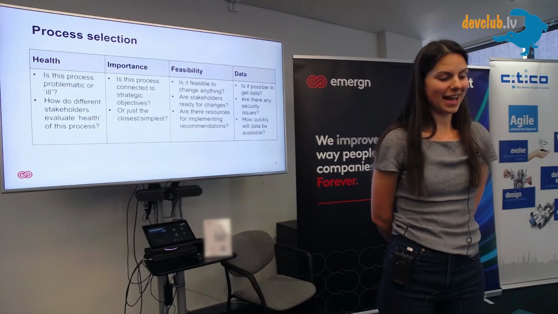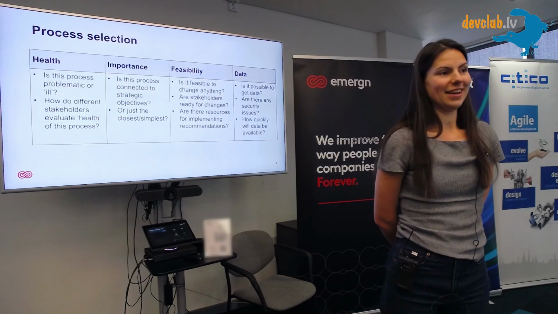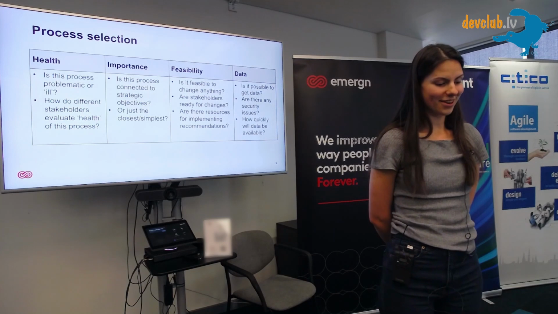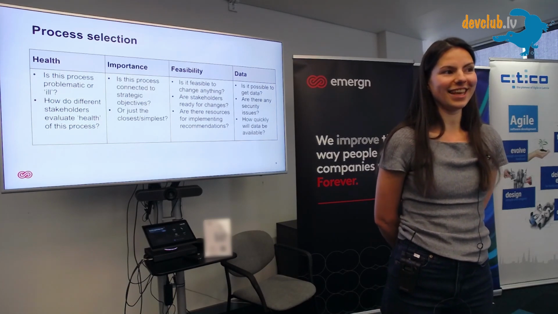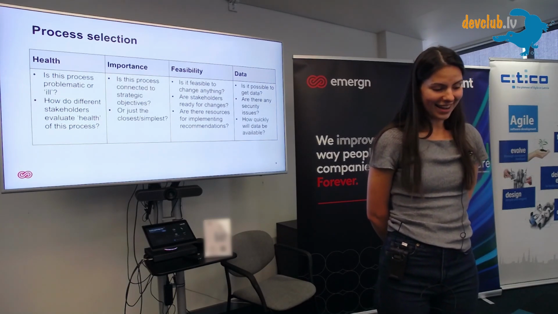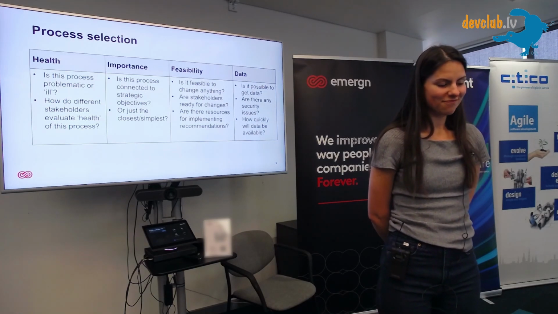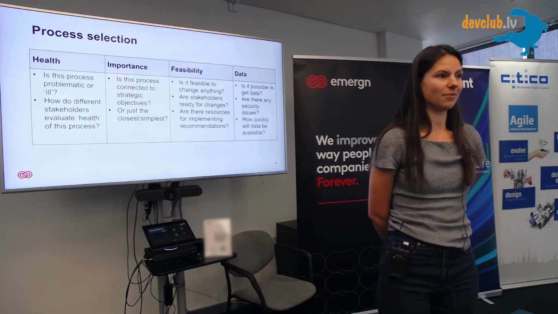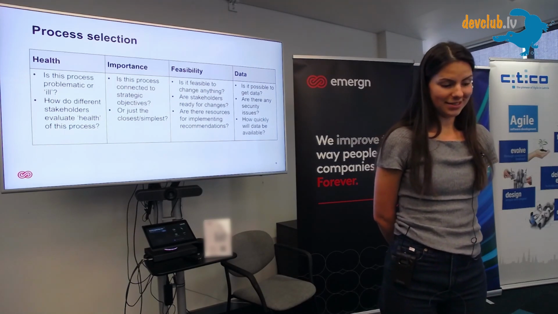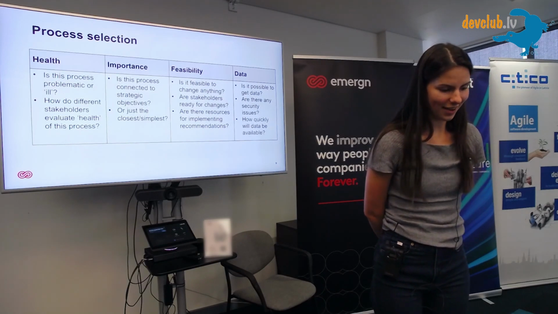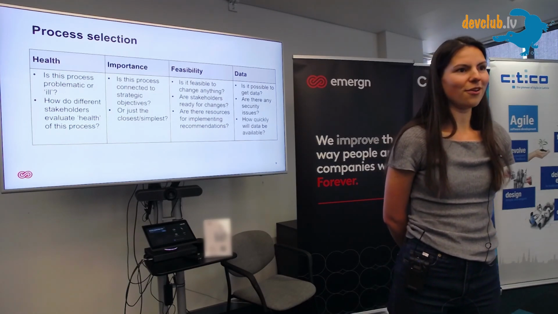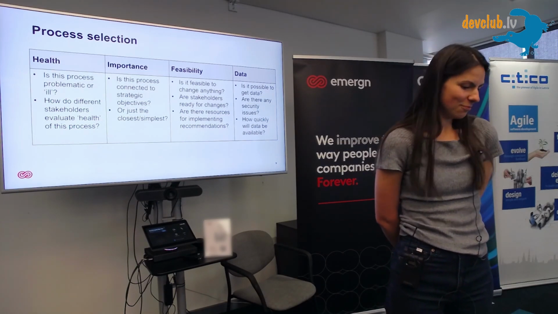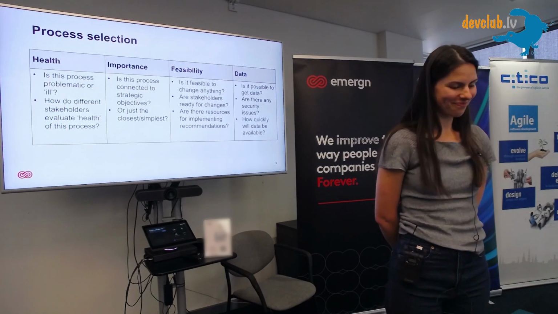But how to select a process? It is a good idea to try to understand whether your process is healthy or not healthy. So we need to find out how different stakeholders evaluate processes. It might appear that the processes you first thought of are actually pretty healthy, not ideal, but healthy enough to live.